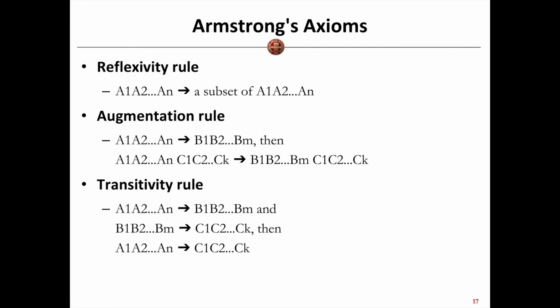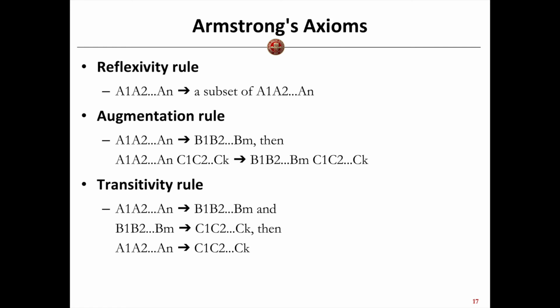You can also prove this rule by using the definition of FDs. If two tuples agree on A1 to AN and also agree on C1 to CK, they should also agree on B1 to BM, C1 to CK. You can prove this very easily using the definitions. This rule can also be very useful, and we will show some cases using this rule to help us derive some new FDs.